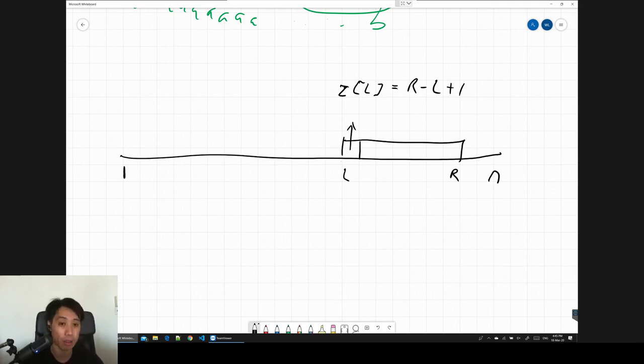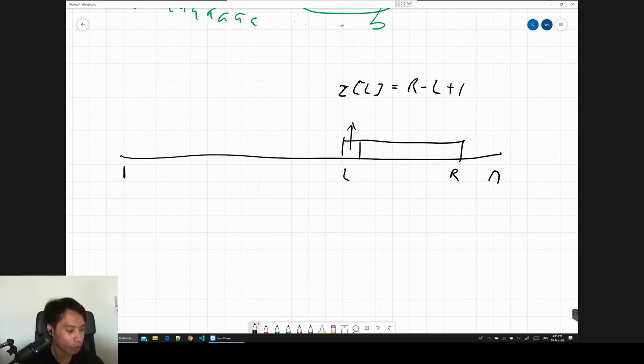So I'm going to explain the concepts, and my explanation will have a plus minus 1 difference from implementation. Okay, so Z_L will save the value of R minus L plus 1 if I have a Z box from L to R, right?